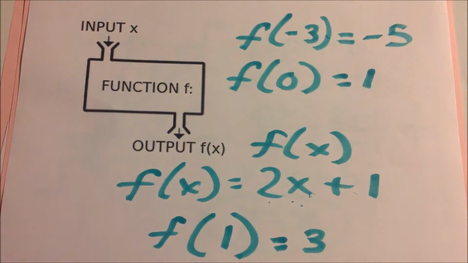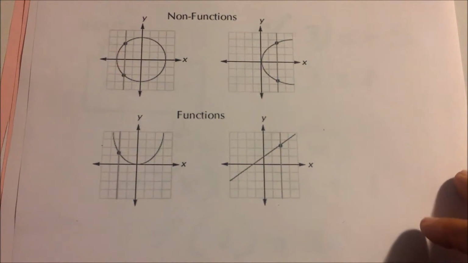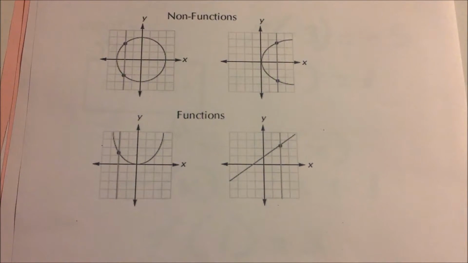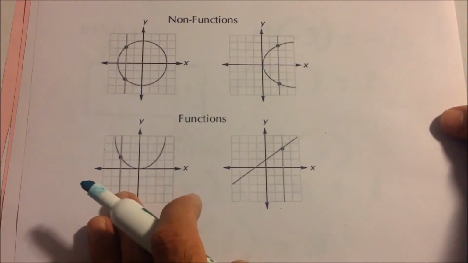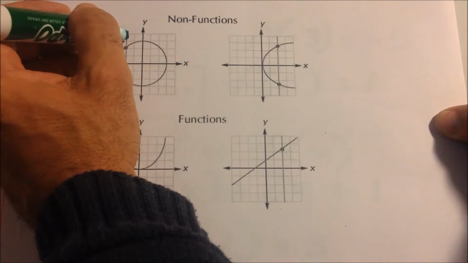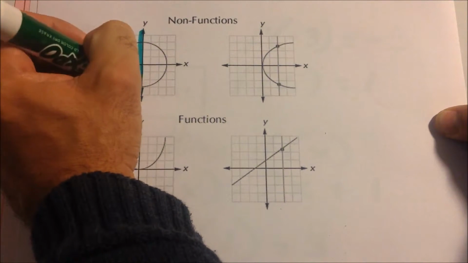Functions don't have to be linear. I said that in the beginning. But they have to pass a test, and it's called a vertical line test. So if you can take your pen and you can create a line, right? And let's say you just draw vertical lines all through the graph.